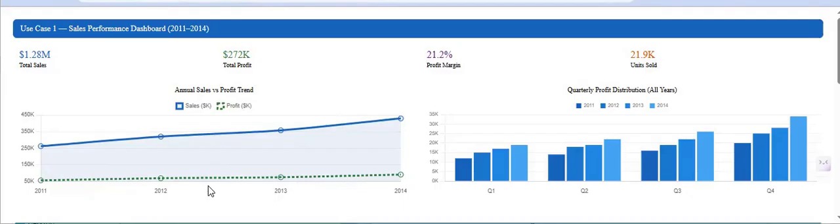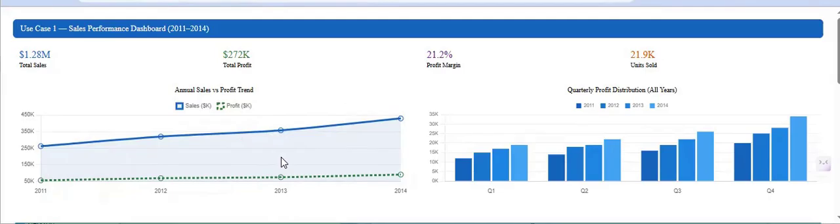Both lines are going up. If you can see here, in 2011, the profit is 55K and here we have 90K. So this is going from 55 to 90, and from this, it is from 262 to 430. So both lines are going up.